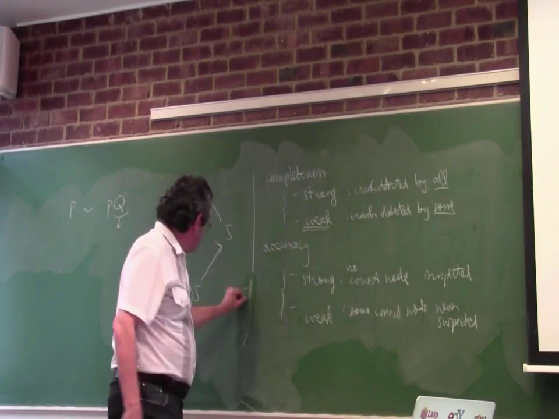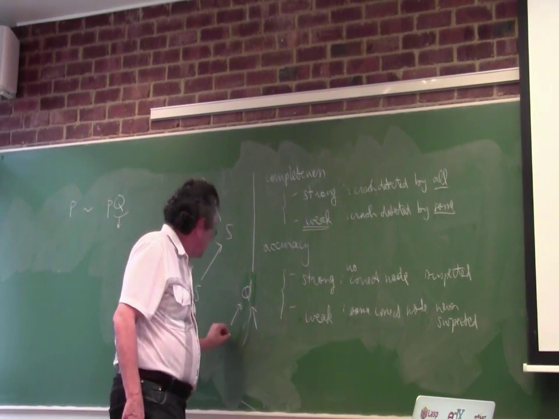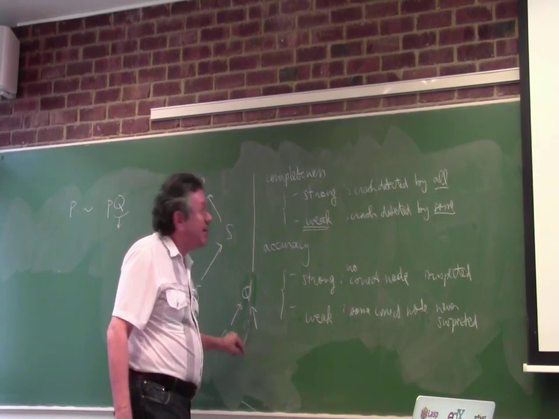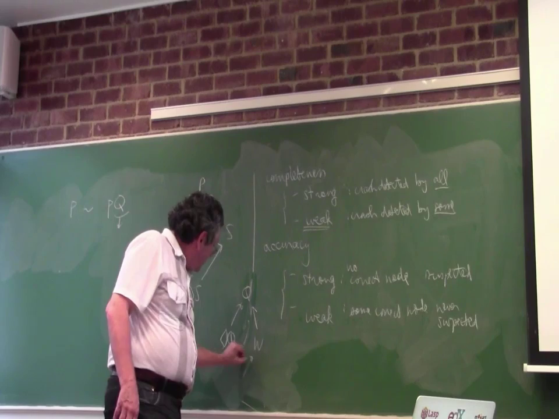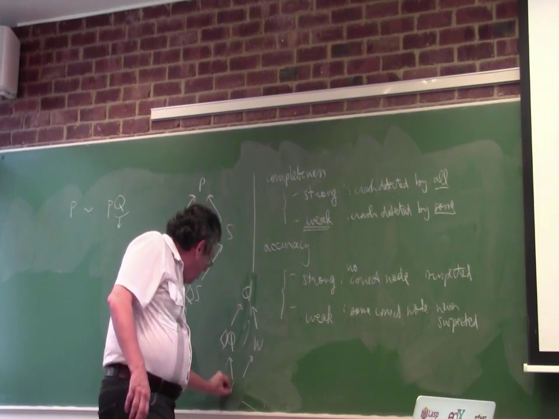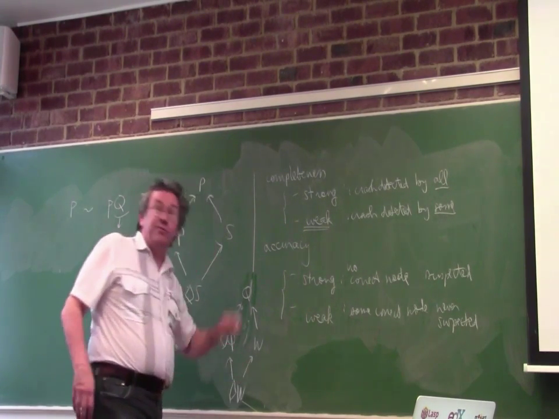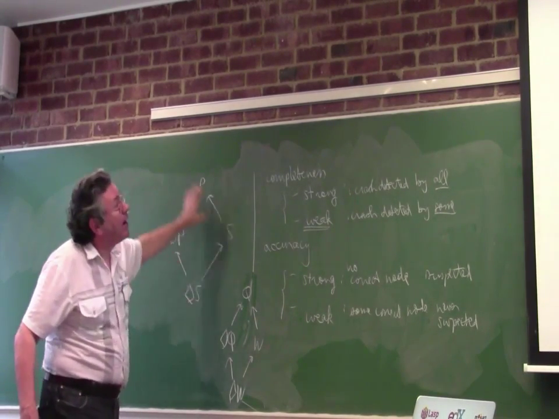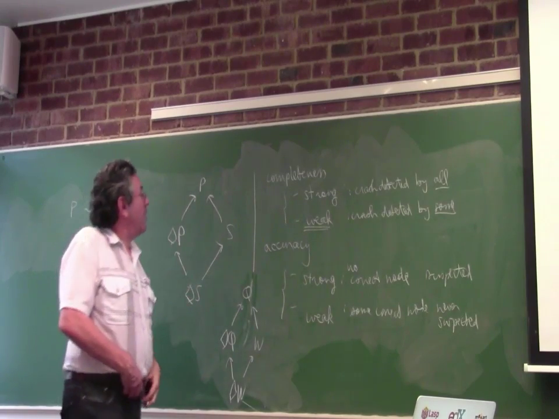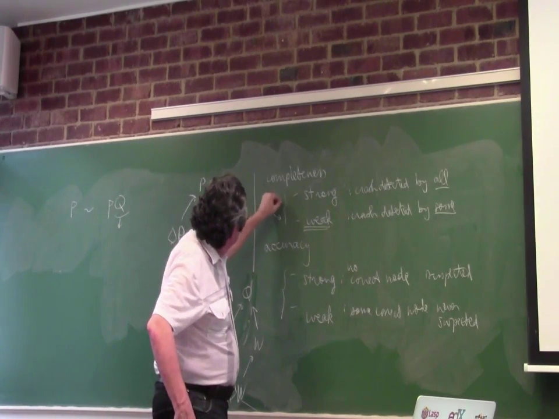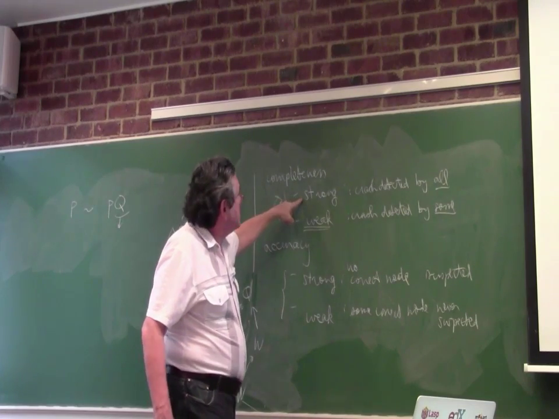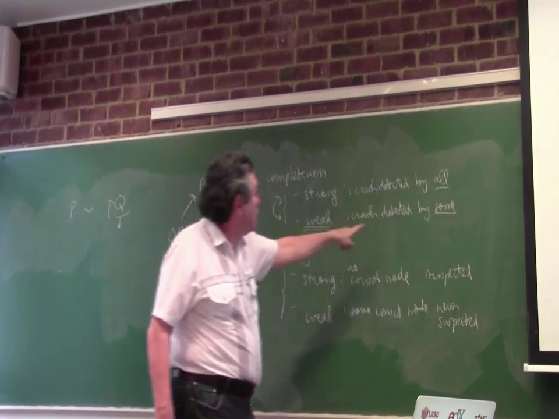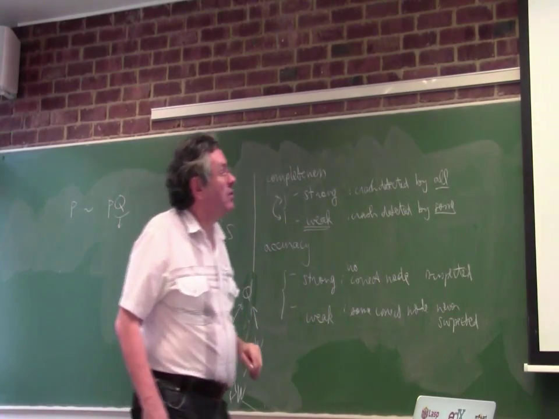So we have Q. Don't worry, things will simplify. This is just an exercise to get you familiar with the things, but at the end of the day, most of these detectors, we're not going to use them anymore. Okay, so here we have the strongly complete diagram. Here's the weakly complete diagram. The strongly complete means that all nodes will detect the crashes, and weakly complete, some nodes will detect the crashes.